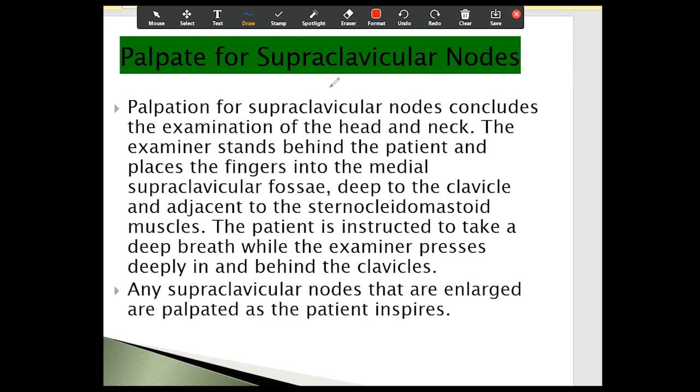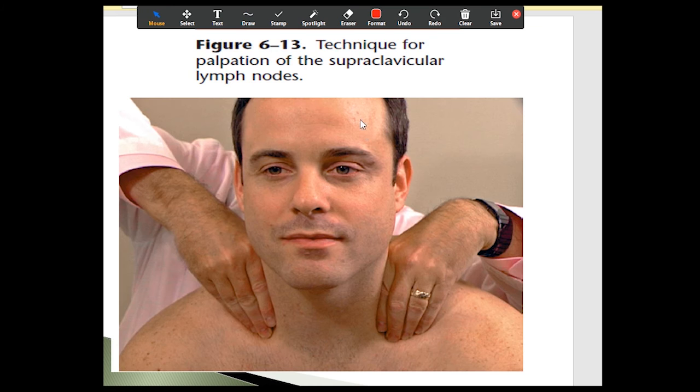Another part of palpation is for nodules above the clavicle bone area, which we call the supraclavicular area. That means over the clavicle bone there is a divot.